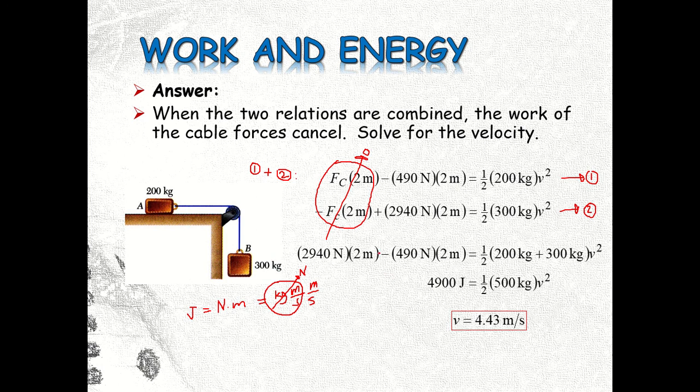So we have here Newton meter. Okay, so joules here is Newton meter. So you have Newton meter, and this will just cancel out the Newton meter. So what you have left is velocity in terms of meter per second.